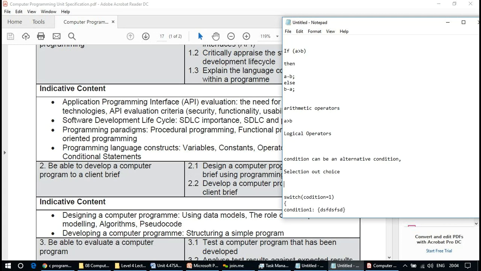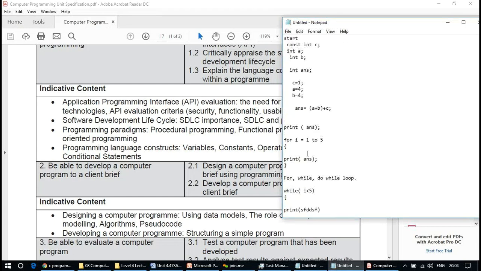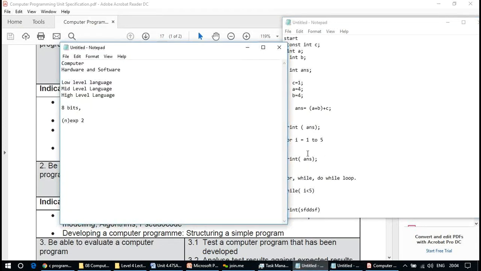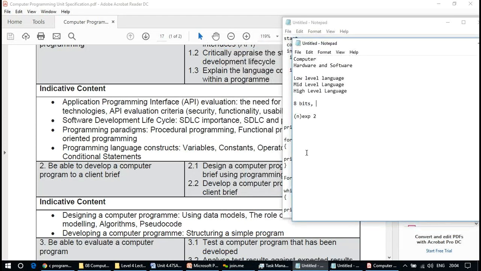There's a little more definition regarding procedural programming, functional programming, and object-oriented programming. Today we discussed the difference between low-level language, mid-level, and high-level language. Procedural programming and functional programming are basically types of high-level programming languages, which we will discuss in the next lecture.